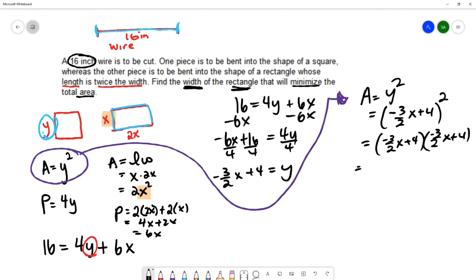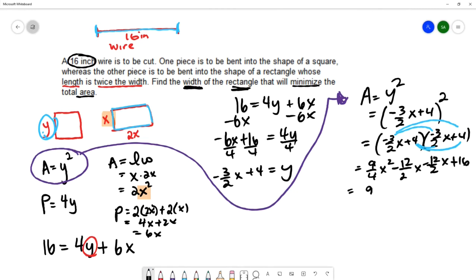Let's multiply it out. This would be positive 9/4 x squared. I multiply the first two, and I'll multiply the outside two. That would give me a negative 12 over 2x. I'll multiply the inside two. It gives me a negative 12 over 2x. And I'll multiply the last two, which would give me 16.